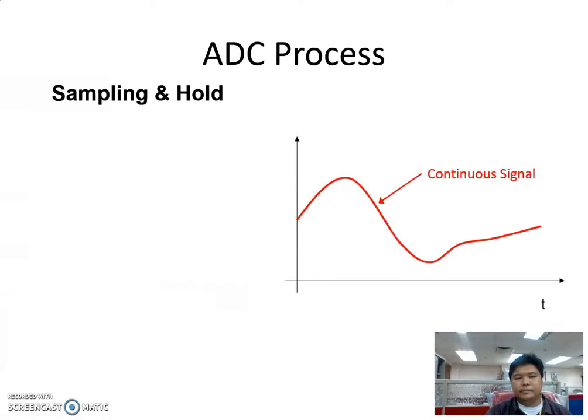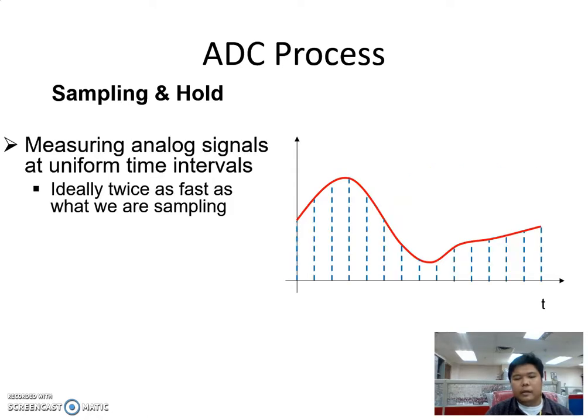ADC process, sampling and hold. If we have a continuous signal like in this figure, the signal travels over time, and we sample the signal in a particular order of time, measuring the analog signal at uniform time intervals, as you can see in the table underneath.